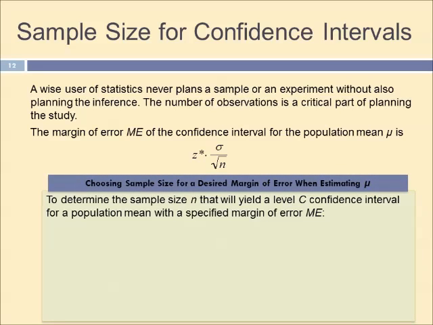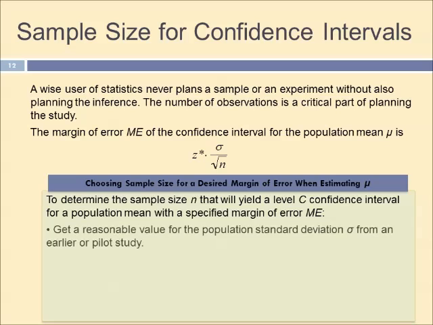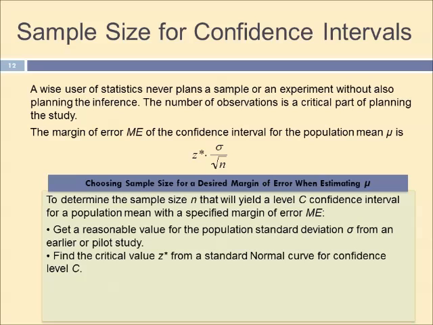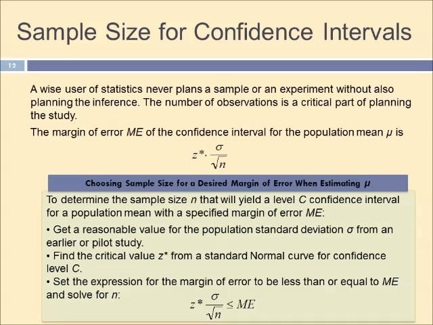So, to determine a sample size that will yield a particular confidence interval for a population mean with a specific margin of error, we first find a reasonable value for the standard deviation of the population, either from an earlier study or a pilot study. We find the critical z-value for that particular level of confidence. And then we set the expression for the margin of error to be less than or equal to the particular margin of error, and then we solve for n.